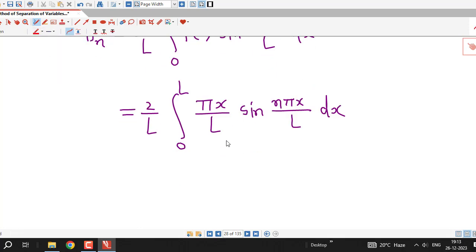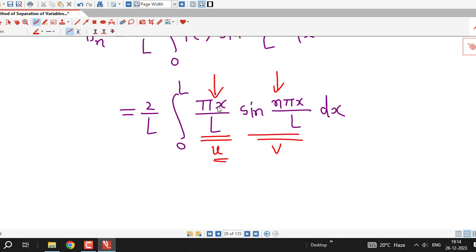Now to integrate this product, we can see this is a product of two functions, pi x by L and sin n pi x by L. To integrate this, we use integration by parts, the general rule. So we consider u equal to pi x by L and v equal to sin n pi x by L. First we start with u as it is, then integration of v, then negative sign, derivative of u and integration of v second time, and we continue in this way.